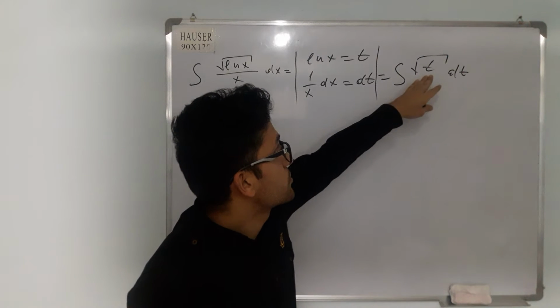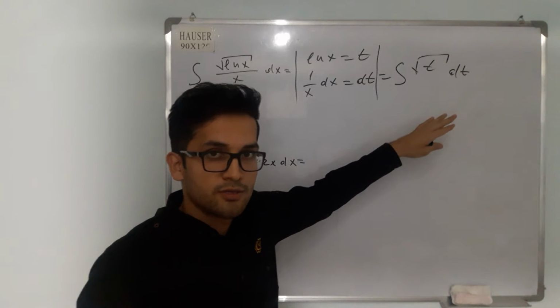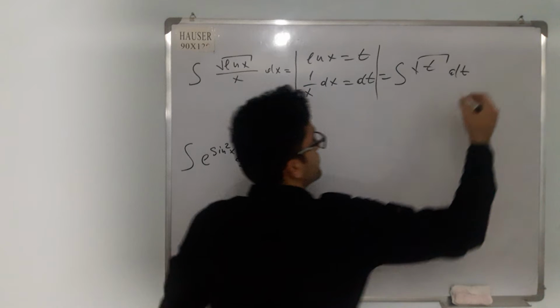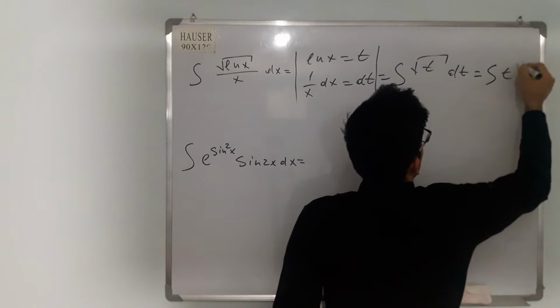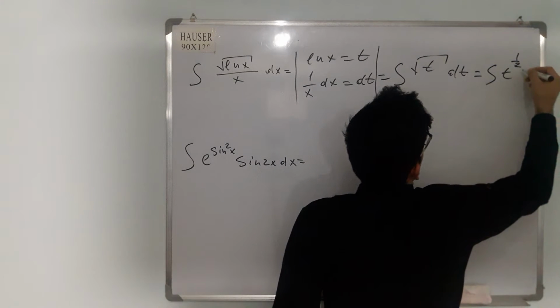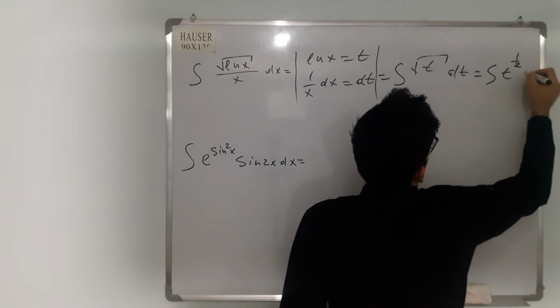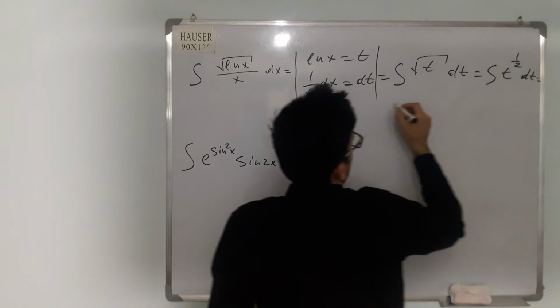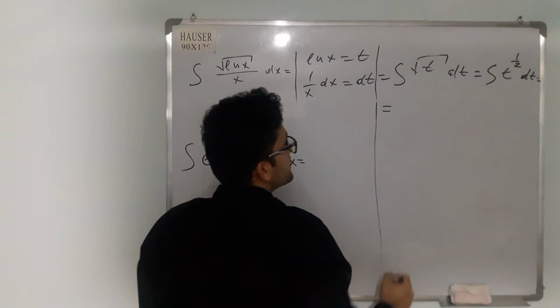Which one? We should write this expression as an exponential function: t with the exponent 1 divided by 2, dt. Then we may take the antiderivative.